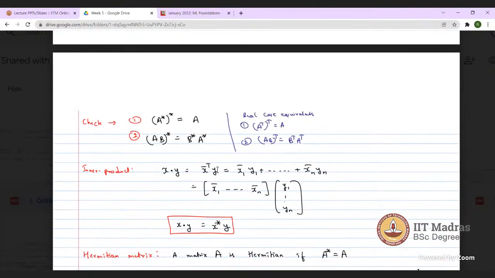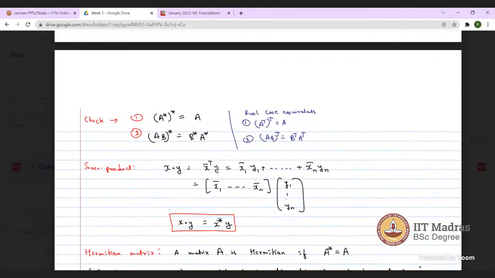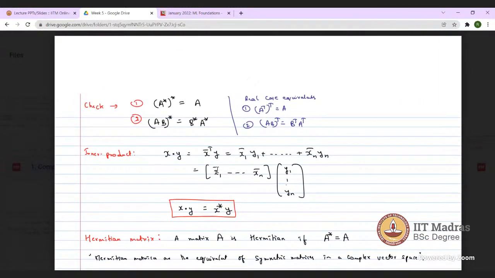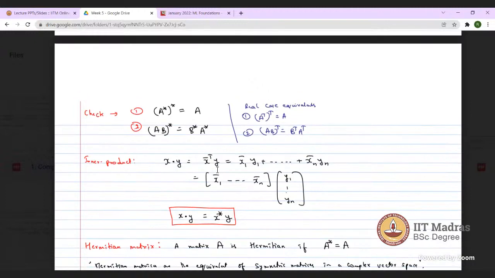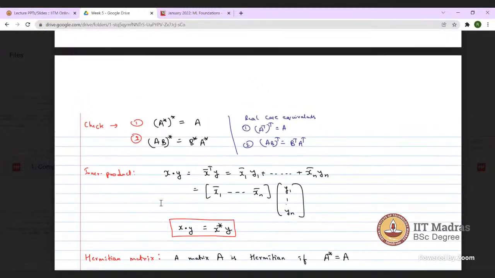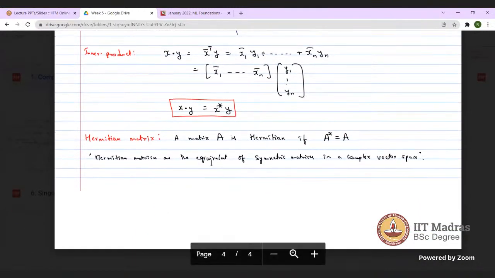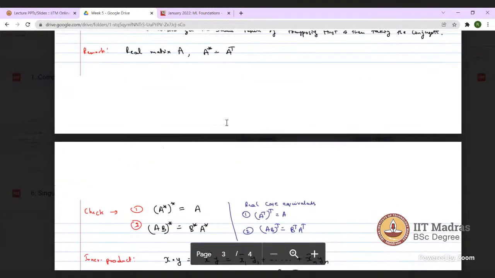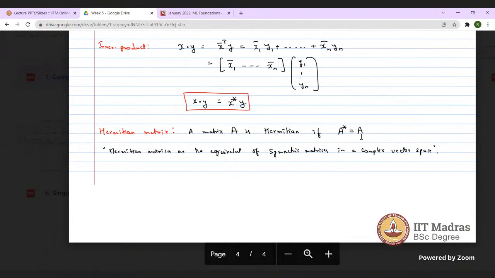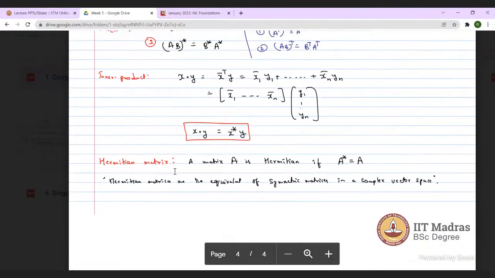This leads us to the next definition: the Hermitian matrix. A matrix is called a Hermitian matrix if A star equals A. That is, if the conjugate transpose equals the actual matrix, then it is called a Hermitian matrix.